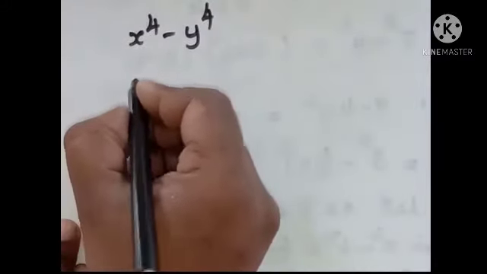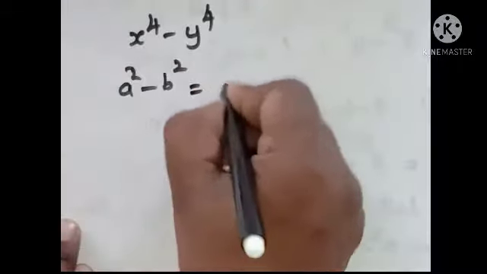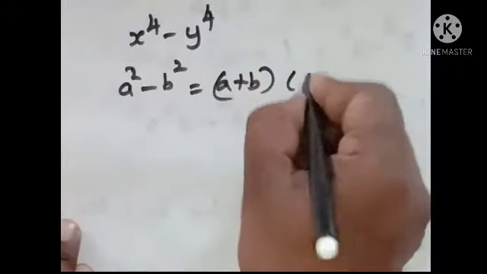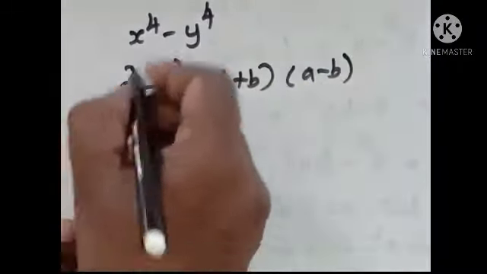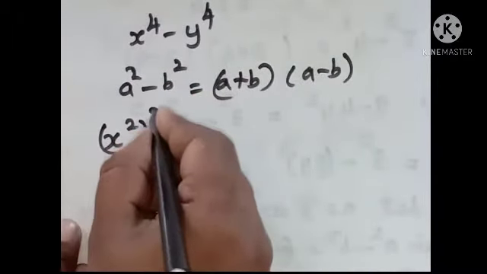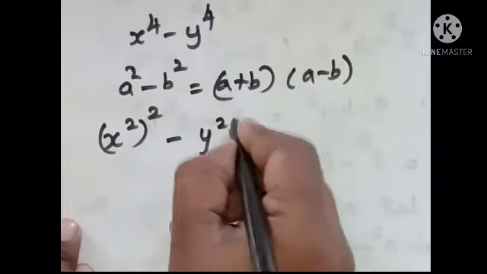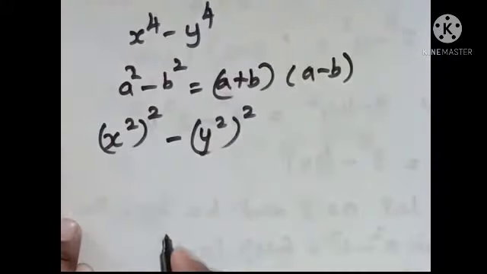Children, here to use the identity a square minus b square is equal to (a plus b) into (a minus b), we can write x power 4 as (x square) the whole square minus y power 4 as (y square) the whole square, isn't it?